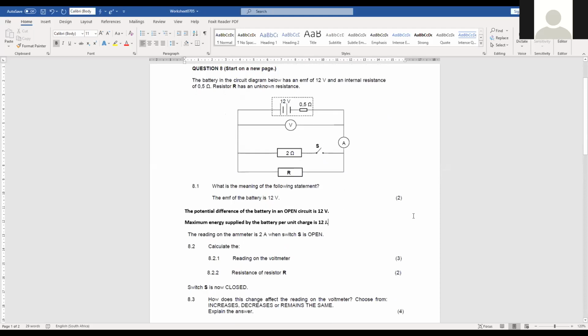Then they say the reading on the ammeter is 2 amps when switch S is open. Okay, so that means it is not going through your 2 ohms resistor, it is only going through your R. And then they say 8.2, calculate the reading on the voltmeter and the resistance of resistor R.